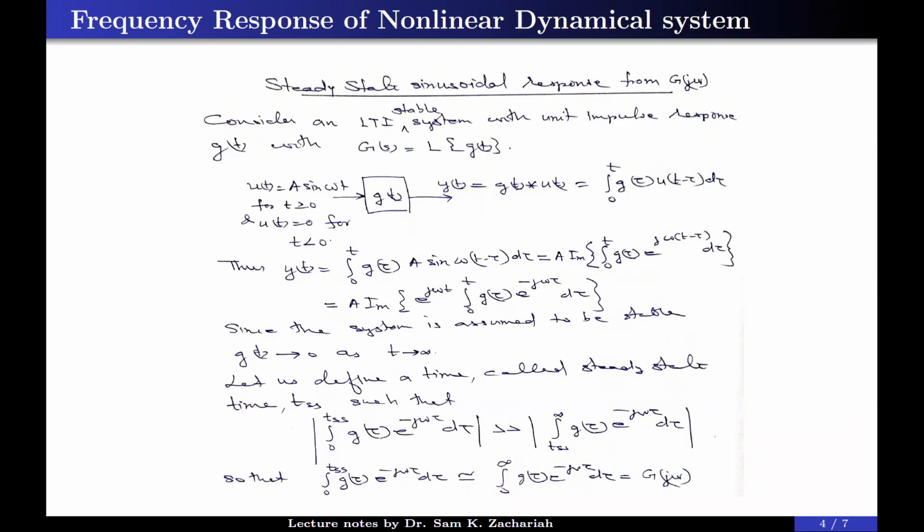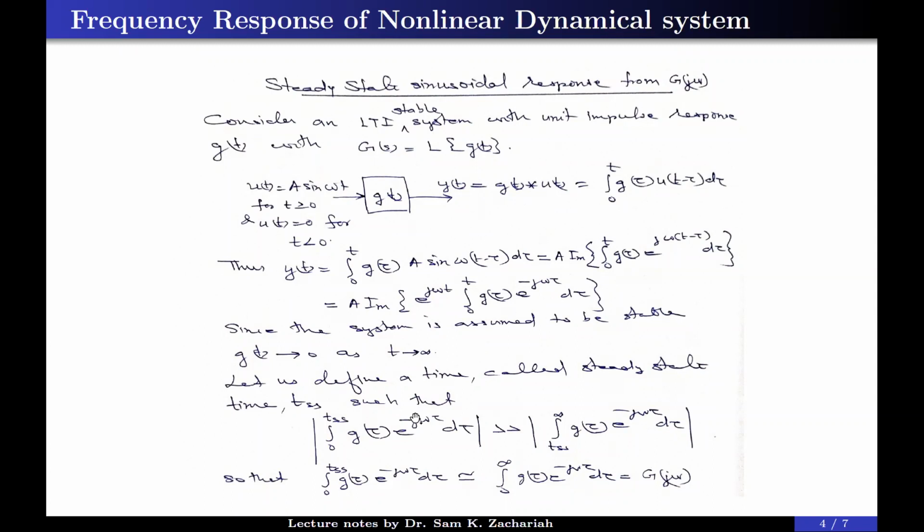Today I will explain the second part of that: the frequency response of a nonlinear system, and how we can experimentally evaluate it. Before going to that, I would like to discuss the theory of linear time invariant systems. What is the frequency response of that? After that, we will go to the nonlinear system.